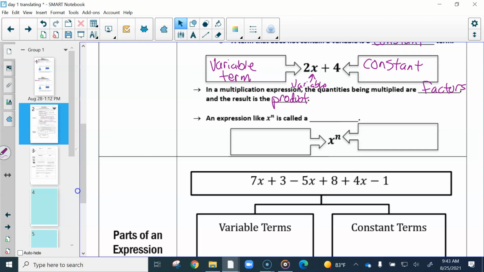An expression like x to the nth power is called a power. Sometimes we just call this an exponent term. In this power, the x is our base, and the n is our exponent. This bottom part is just determining which ones are variables, which ones are constants, and which ones are coefficients. So we're going to color code this.